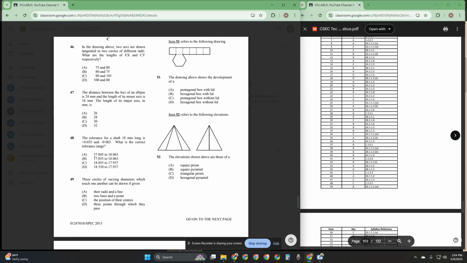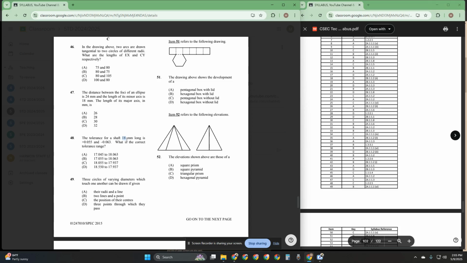They say 17.045 to 18.063, 17.055 to 18.063, 18.055 to 17.937, and 18.550 to 17.937. So you have to do some math here, right?